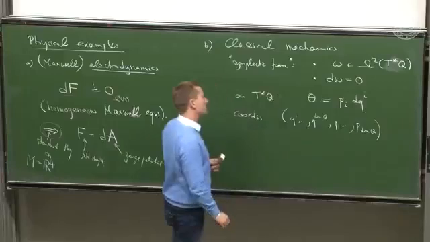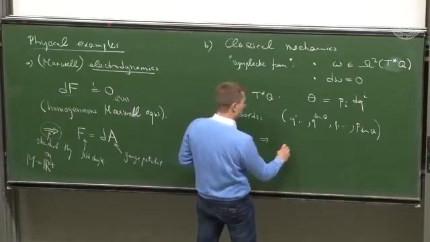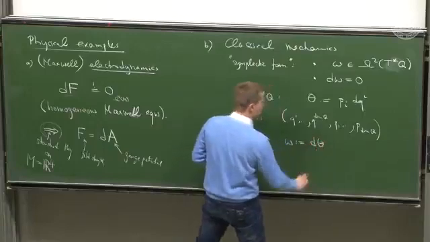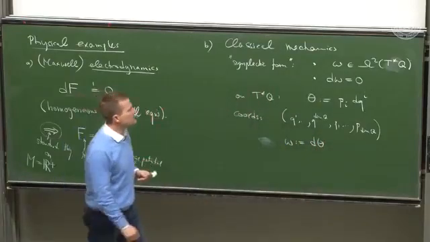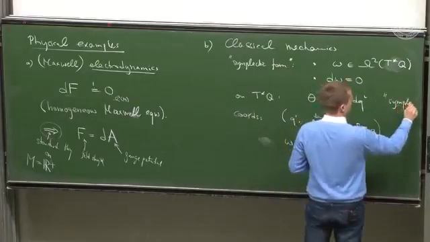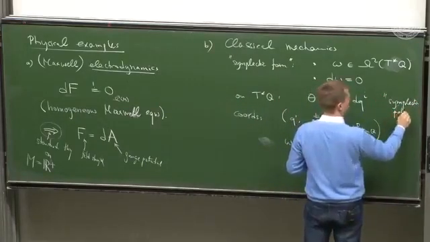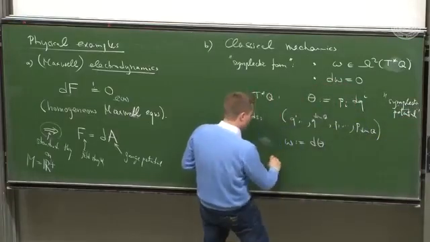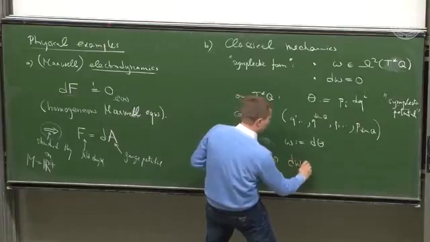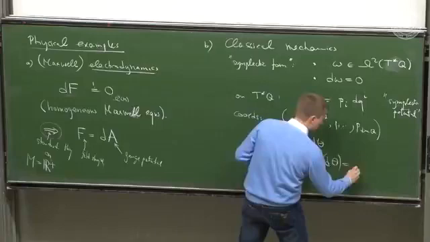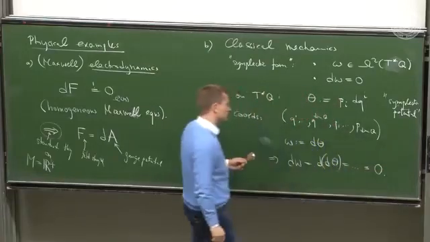So these are coordinates, right? You can write down this guy, and then indeed it follows that if you define omega as the exterior derivative of this symplectic potential, you see this is really an analogy, symplectic potential, then indeed you find that d omega is d theta, and you calculate this and you get 0.